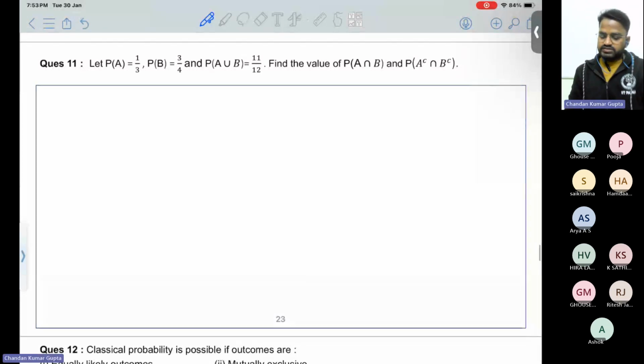Okay, let's start then. Here again, probability of A equals 1 by 3, probability of B equals 3 by 4, and probability of A union B equals 11 by 12. We need to find probability of A intersection B and A complement intersection B complement.